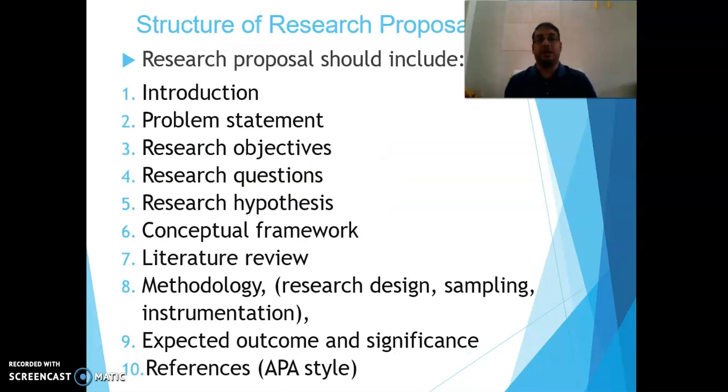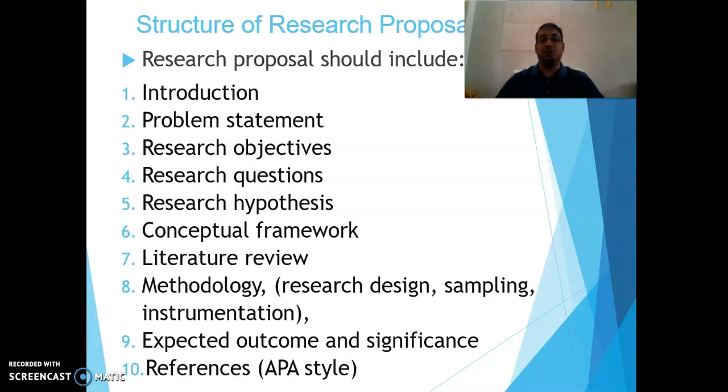Let's take a look at the structure of a research proposal. These are the common structure of writing a research proposal. So a research proposal should include introduction, problem statement, or motivation of the study. Then you need to write your research objectives, research questions, research hypothesis.